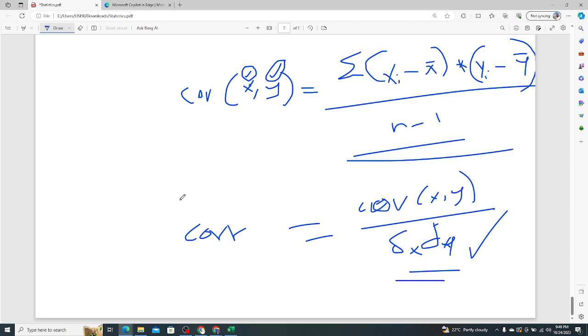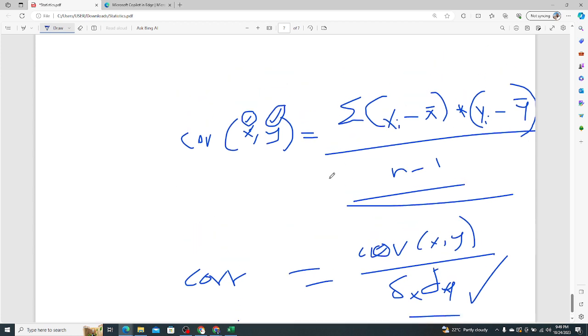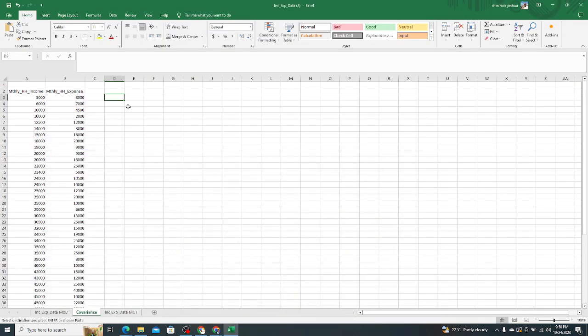Good. Now let's go to the practical part of it. In this case, we are going to compute xi minus x bar and yi minus y bar, then divide by n minus 1. So this will be our xi, and this will be our yi.